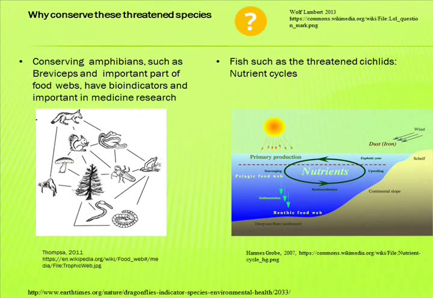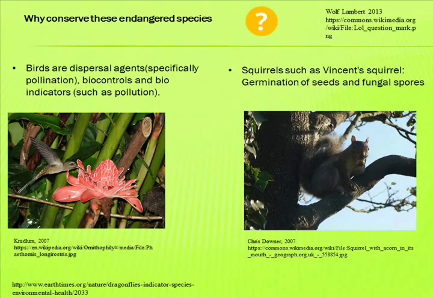Why conserve these threatened species? Species like the Mozambique rain frog play vital roles in bioindicators, food webs, and medicine research. Fish like cichlids play vital roles in nutrient cycles. Birds like the white-winged alethe are dispersal agents in pollination and are biocontrols as well as bioindicators.